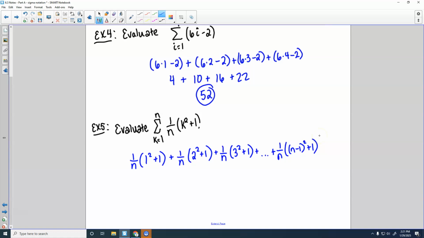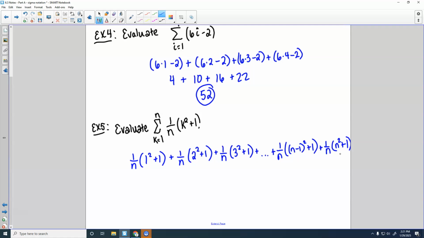It would be 1 less than n. And the final one would be 1 over n times n squared plus 1. Where n here is just my last number. It could be 8, it could be 10, it could be 27, it could be 1,000. I don't know what n is in this case.